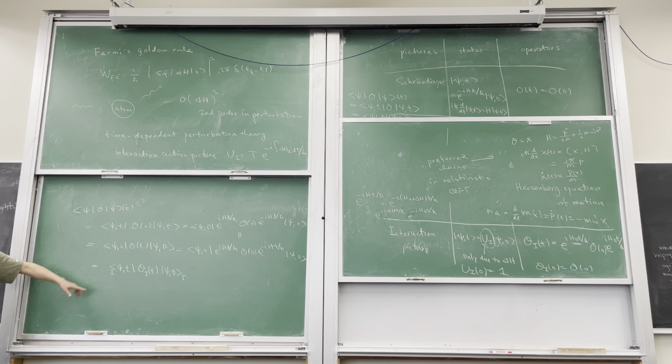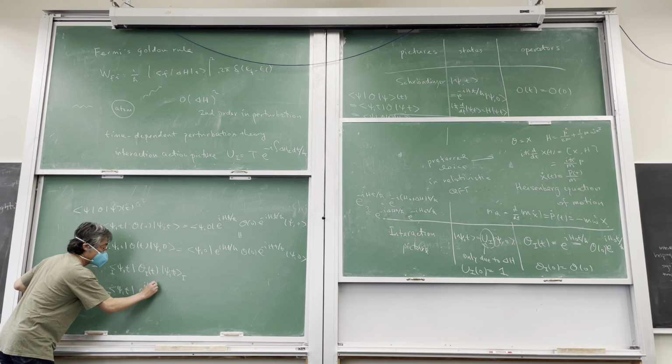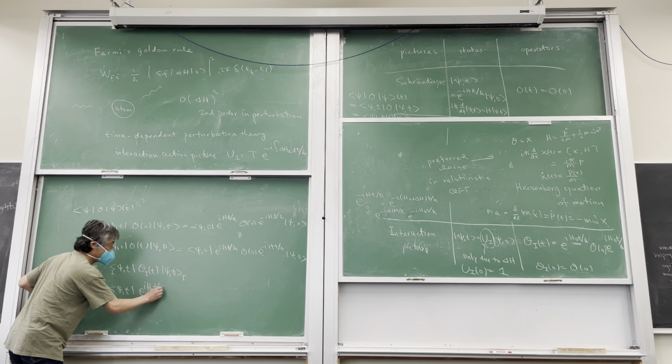But we demanded that operators change according to the zeroth order Hamiltonian. So this is e to the i H naught t. This is the definition of the time-dependent operator in the interaction picture, with subscript capital I. I just wrote down the definition of it according to that table over here.